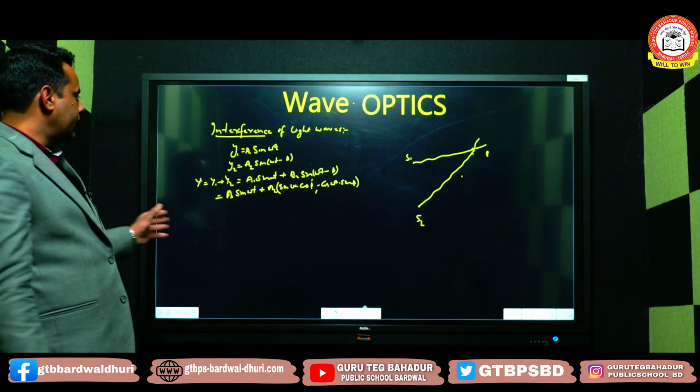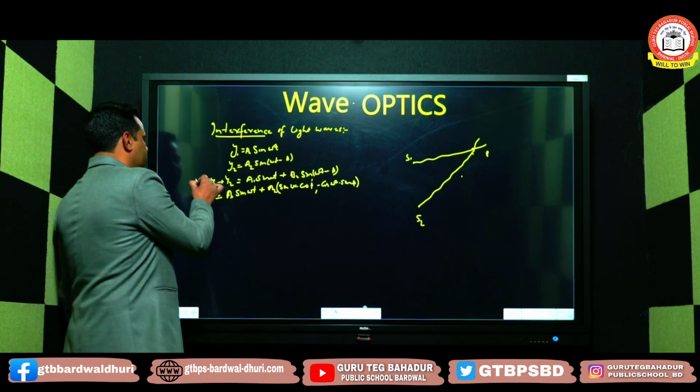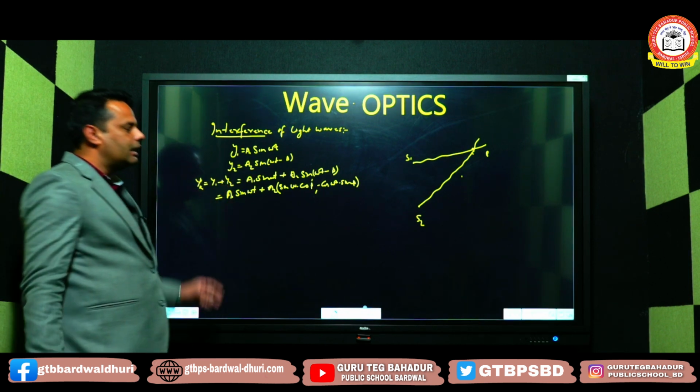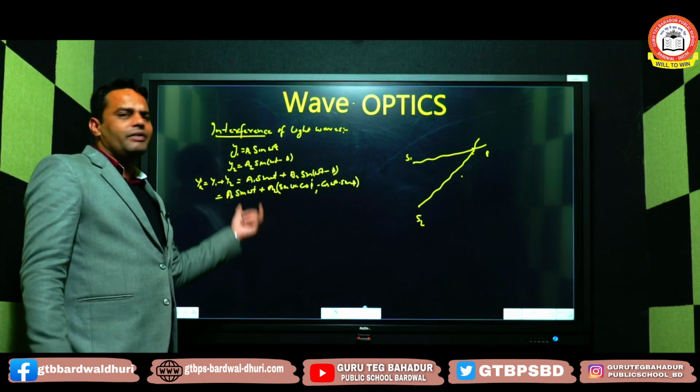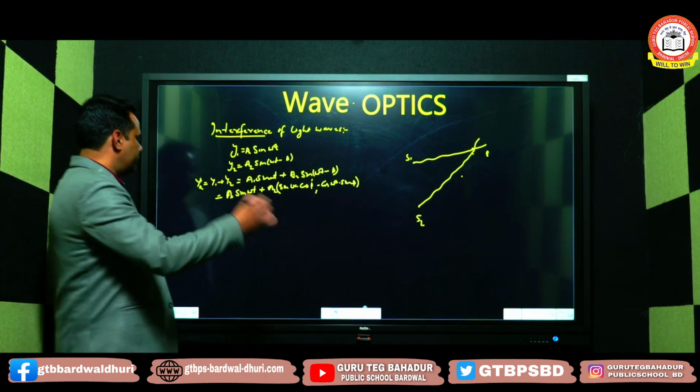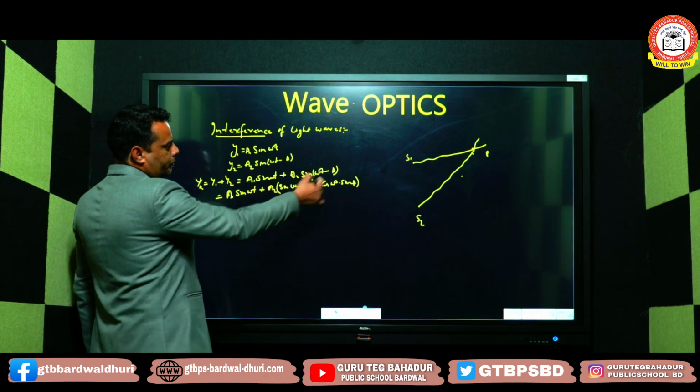Now we have the resultant displacement y, and we have to convert this resultant displacement into a single sine function. Okay, so let's proceed and open up this bracket.